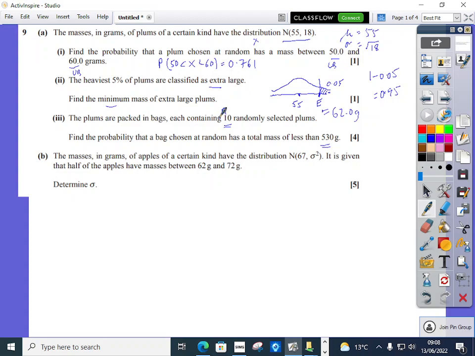Okay, so what you could do here is, I'm going to go number 3, put a star here, so we do it here. And what you can say is that n, the random sample, is 10. So these plums, my sample, have a distribution. Now I'm going to take the average of that.